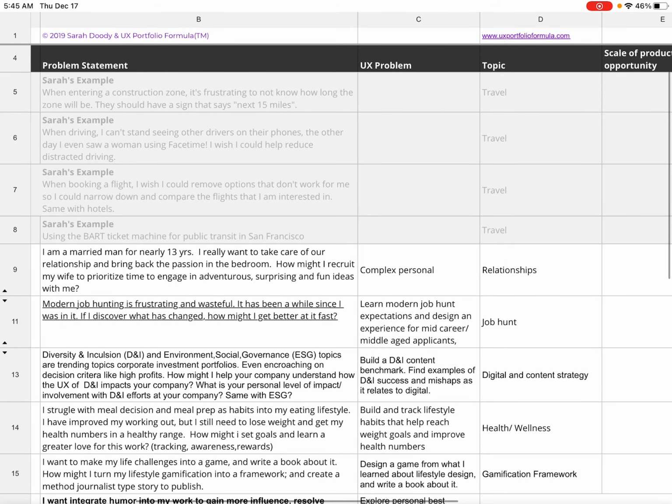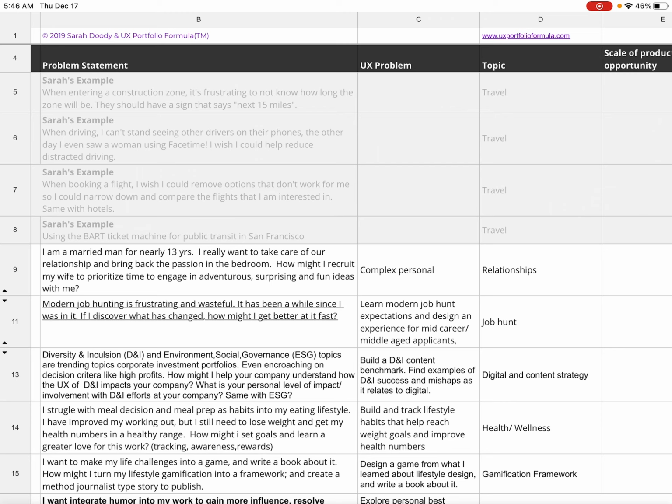The user experience problem is a complex personal problem, meaning that there are several user experiences that need to be addressed in order to create a product or an experience for this. And for complex problems, what you want to do is a blueprint or a map of the problem and figure out certain specific touch points and scenarios that you can target for a product.